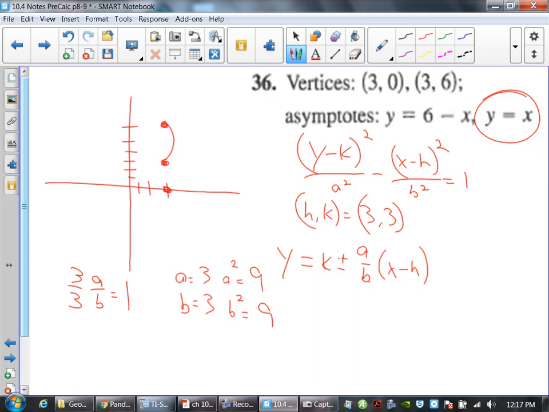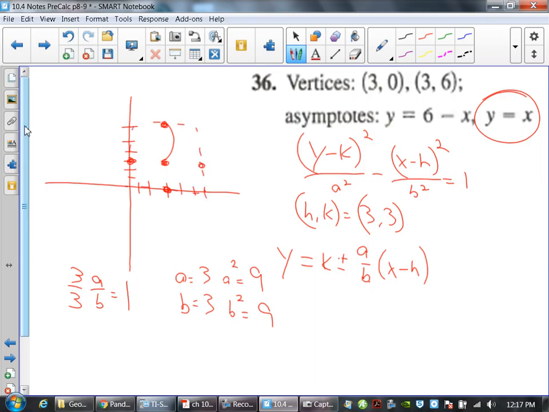Yes, sir? With the b, is the distance between the center and what? What's technically called the conjugate axis. I call it the covertex, but I think we looked up the name yesterday, it was the conjugate axis. It would be placed here, and it would be here. So you create this rectangular box like this.